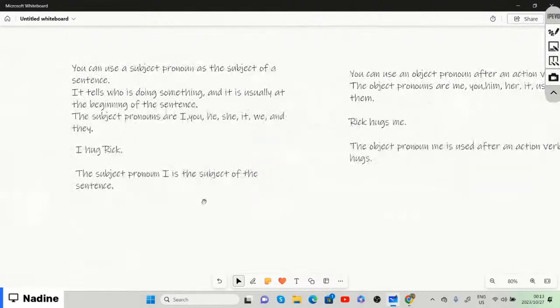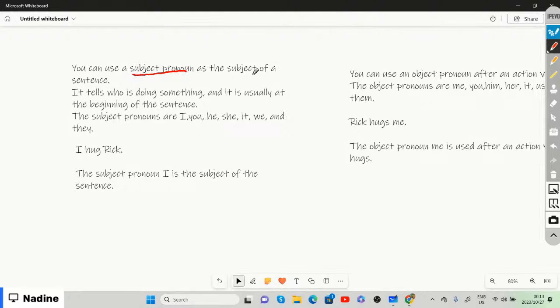All right, so then we also have a subject pronoun and an object pronoun. You can use a subject pronoun as the subject of a sentence. The subject of a sentence usually tells us who is doing something.